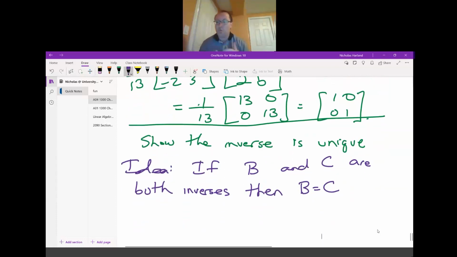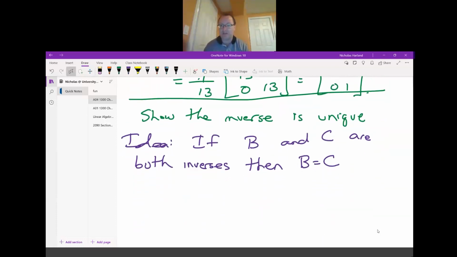So all we really need here is what it means to be an inverse. So if B is an inverse, what does that mean? B equals I?